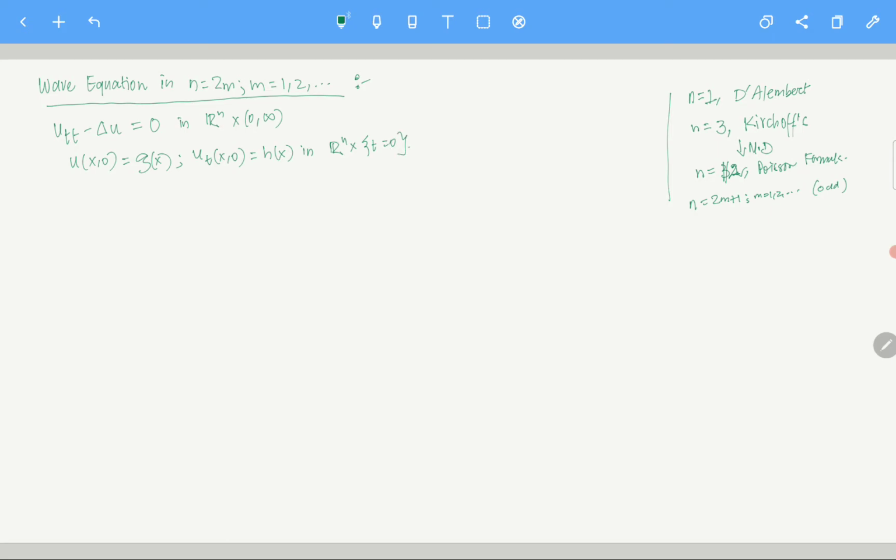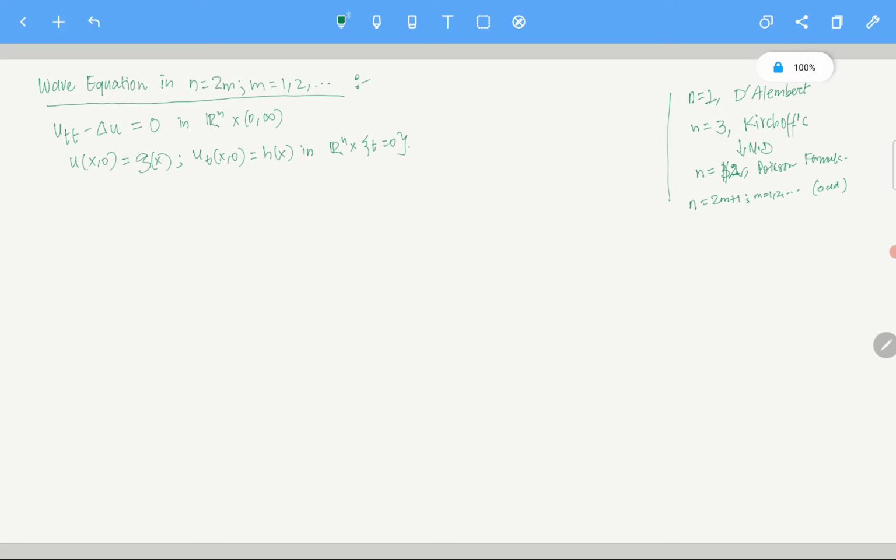Now we want to look at the even dimension problem. One simple thing, this n is even. That is what we assume.